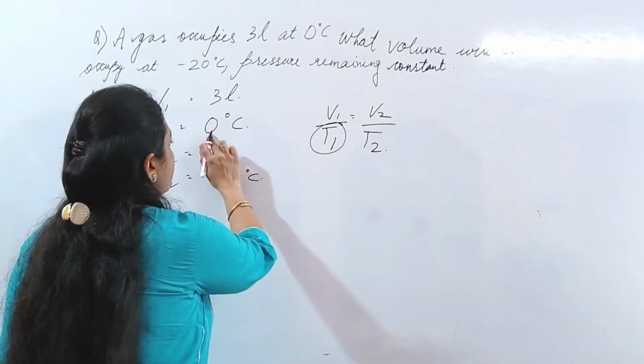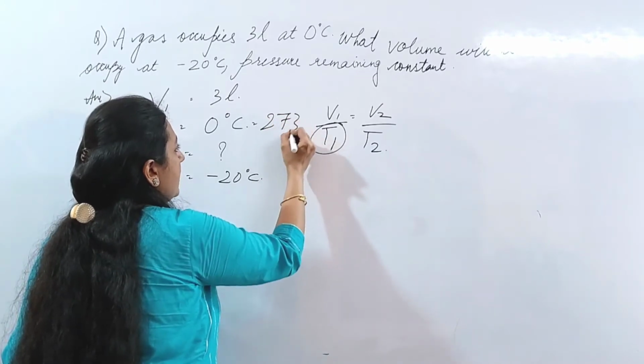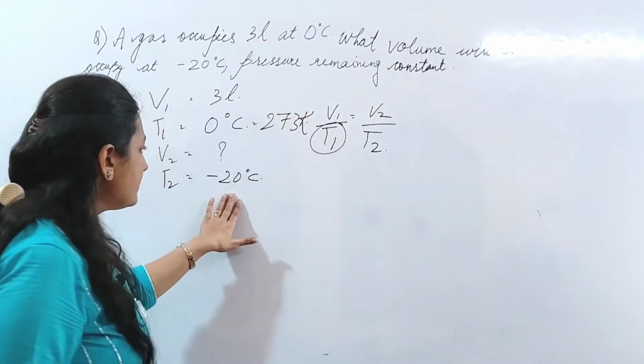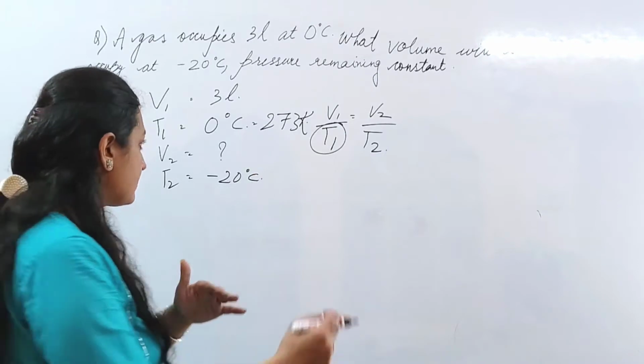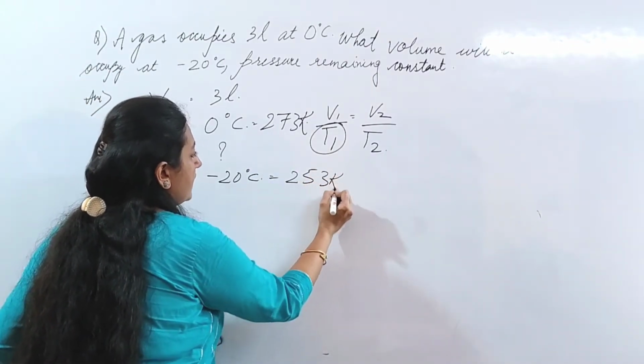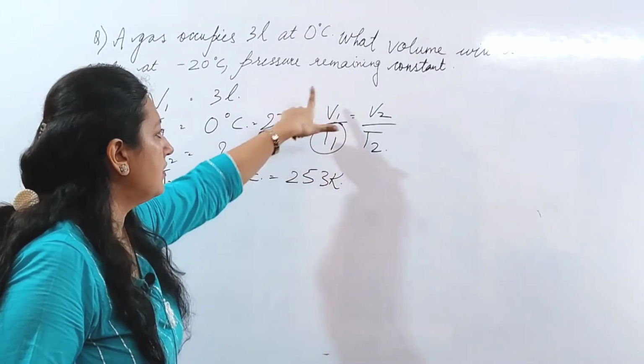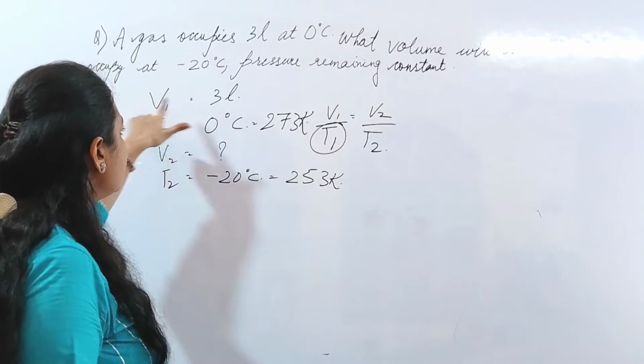So T1 would be 0 plus 273 coming to be 273 Kelvin, and minus 20 degrees centigrade plus 273 is 253 Kelvin.